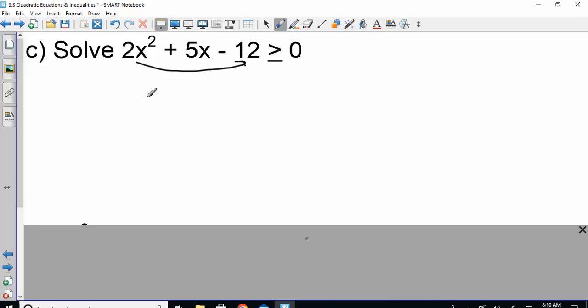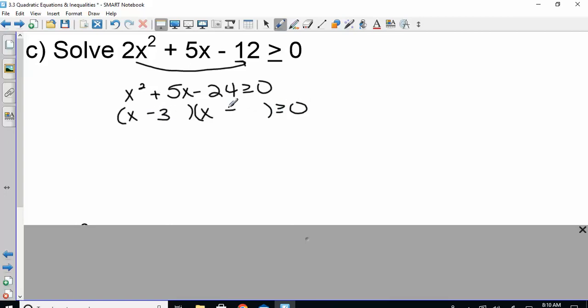Flip and slide. So we get x squared plus 5x minus 24. So what multiplies to negative 24 and adds to positive 5? Negative 3 and 8. So if we set those to 0, we get x equals positive 3 and negative 8.